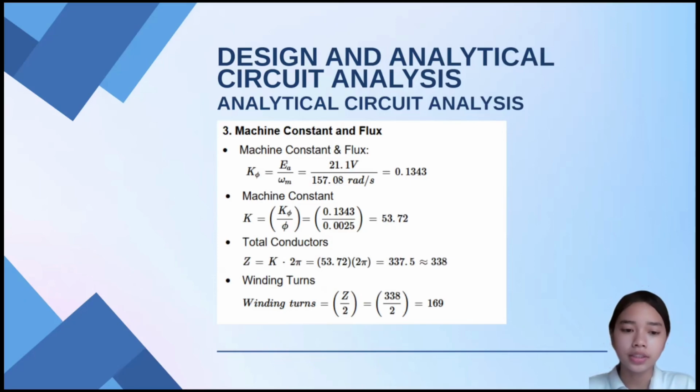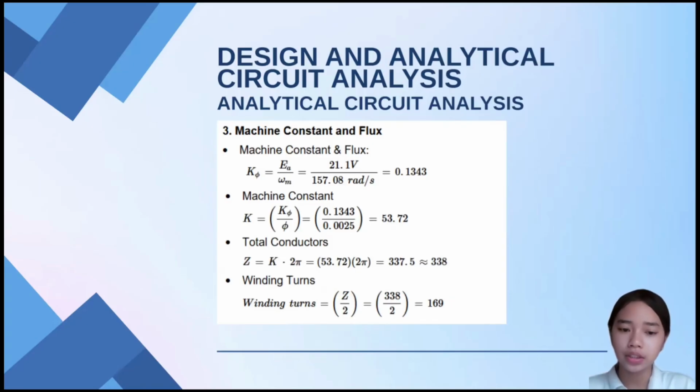The total conductors, Z equals K times 2 pi, is actually derived from the K formula, where K equals P times Z divided by 2 pi times A. But here, because we are assuming that P equals A, those values would be crossed out, and that would leave us with K equals Z over 2 pi.